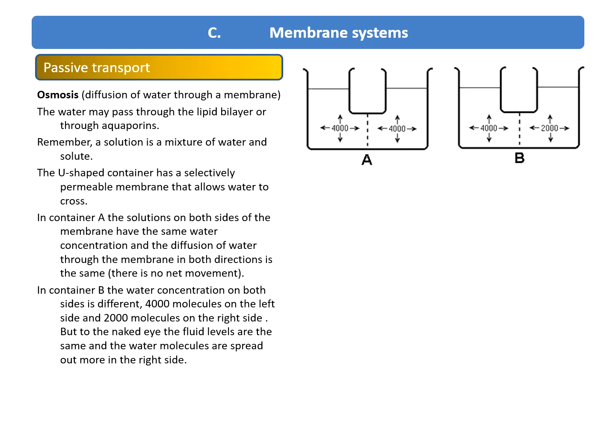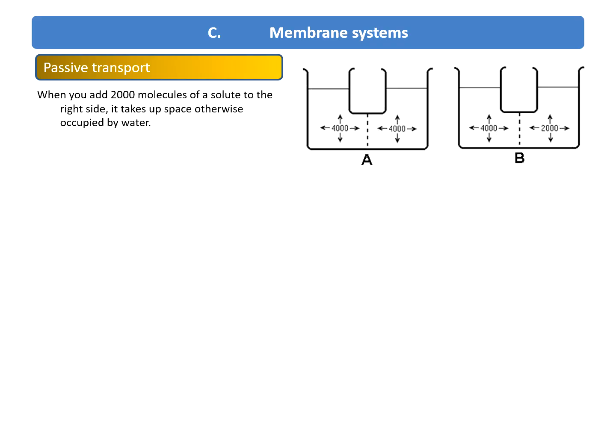In container B, on the other hand, the water concentration on each side is different. 4,000 molecules of water, let's say, are on the left side and 2,000 on the right side. But to the naked eye, the water level in both sides of the container are the same. How can this be?